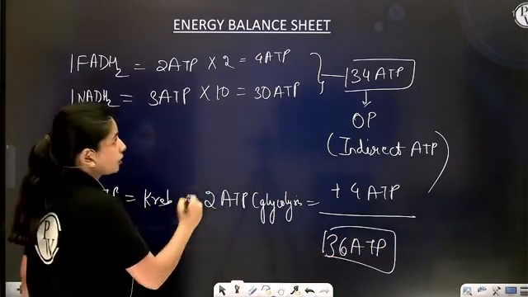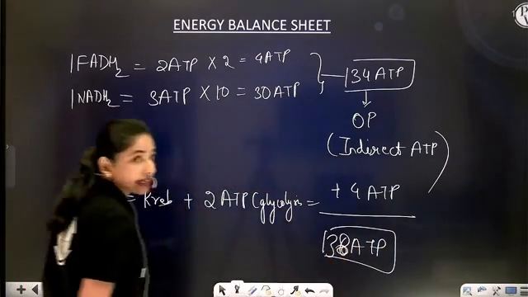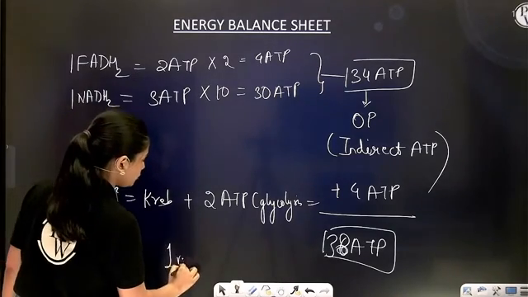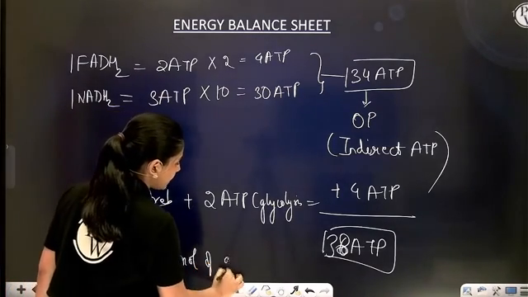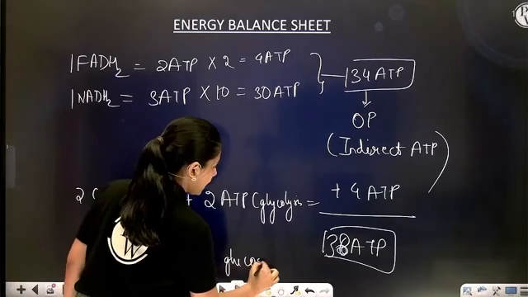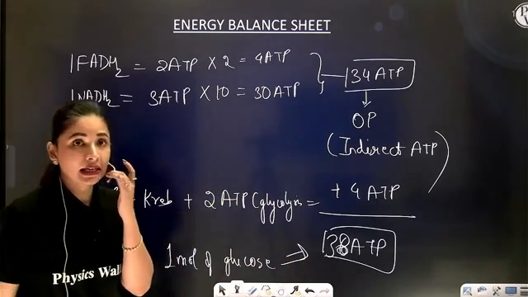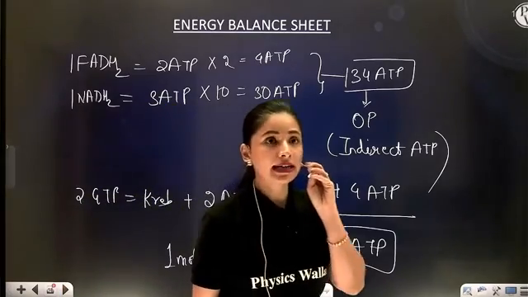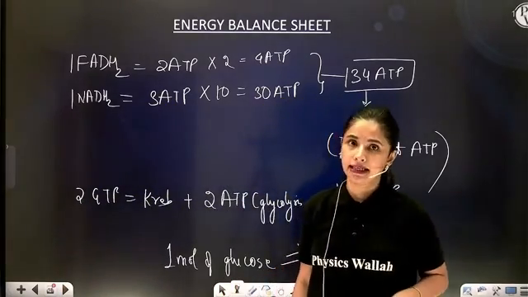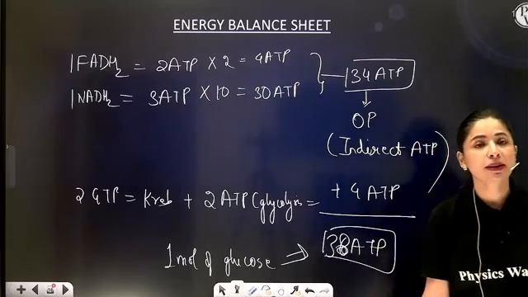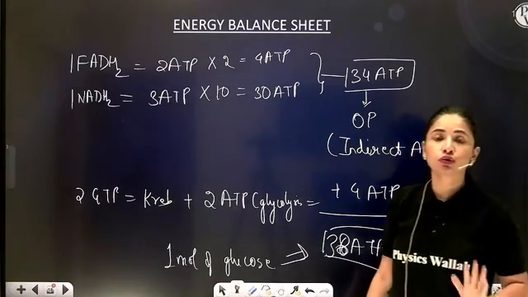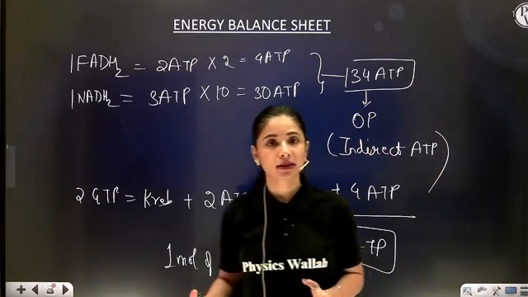That means, sorry, 38. That means when one molecule of glucose is oxidized aerobically, it can produce 38 ATP. 34 indirect and 4 direct. Hope you have understood this energy balance sheet. Hope you have understood what is aerobic and anaerobic respiration.